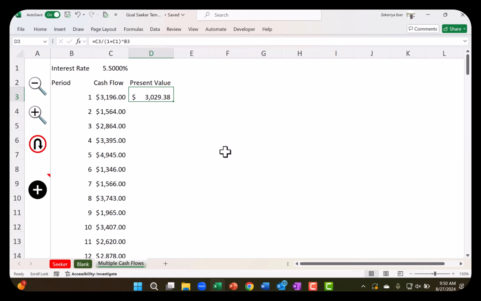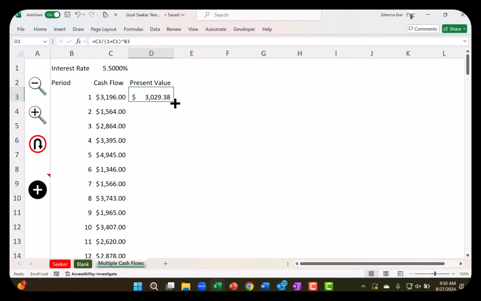So at 5.5% interest, that 3129 I'm going to receive 1 year from now is worth 3,029 and some change. Of course, I don't need to write all that formula 120 times.